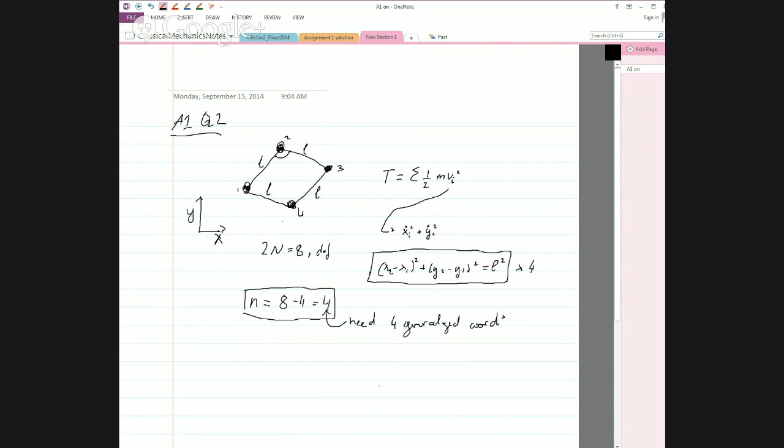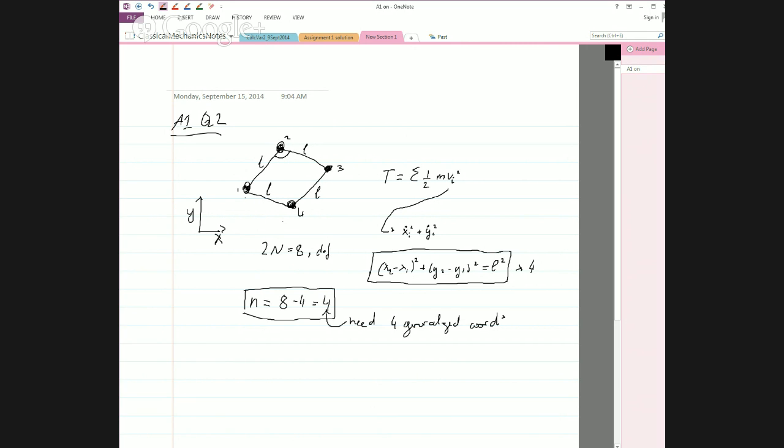So then you have to figure out a clever choice of generalized coordinates. What this means is you only need to specify 4 numbers to completely specify the location of the system. And that's the part where you guys have to think about it a little bit.